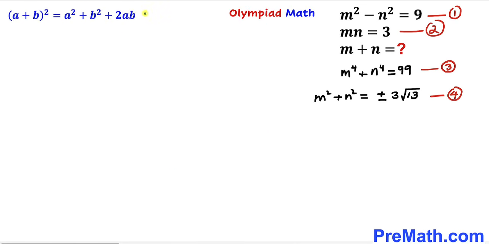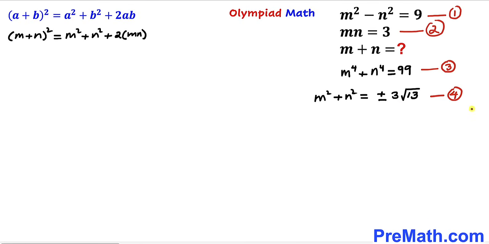And now let's recall this identity once again. (a plus b) whole square could be written as a square plus b square plus 2 times ab. And if I replace this a with m and b with n, then this equation could be written as (m plus n) whole square is going to be equal to m square plus n square plus 2 times mn.